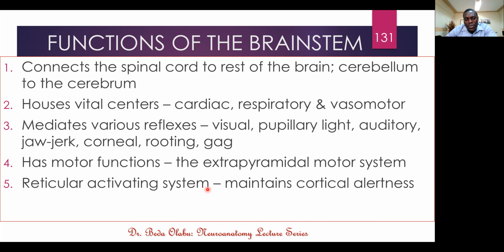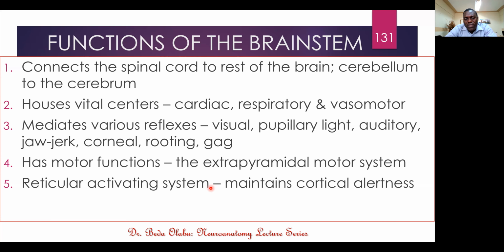The brainstem also has what we call the reticular activating system. The reticular activating system is a system of connections within the brainstem consisting of cell bodies of neurons and many axons of neurons, which actively stimulate the cerebral cortex to maintain alertness.